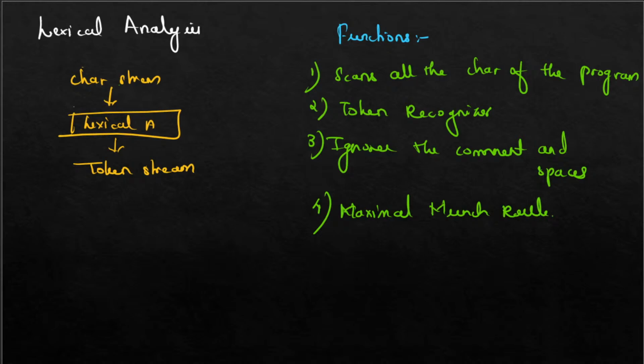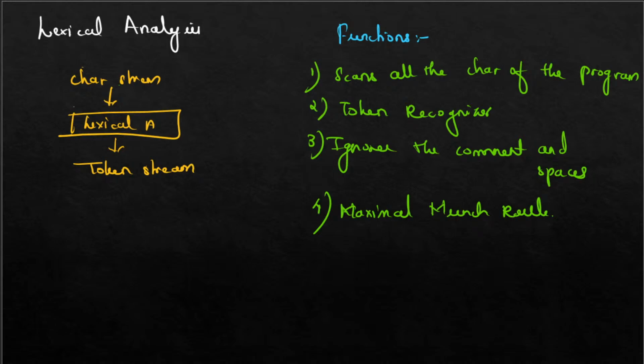Then the lexical analyzer uses regular expressions, right? What is a lexeme? The smallest unit of a program. What is a token? The internal representation of a lexeme. The types of tokens are identifier, keywords, operator, literal, and special symbol.